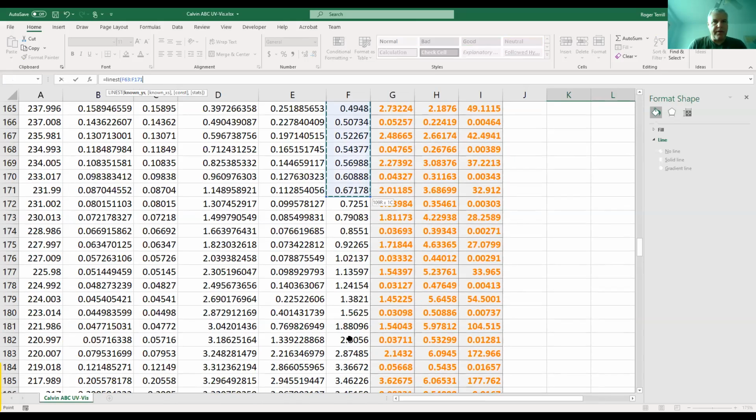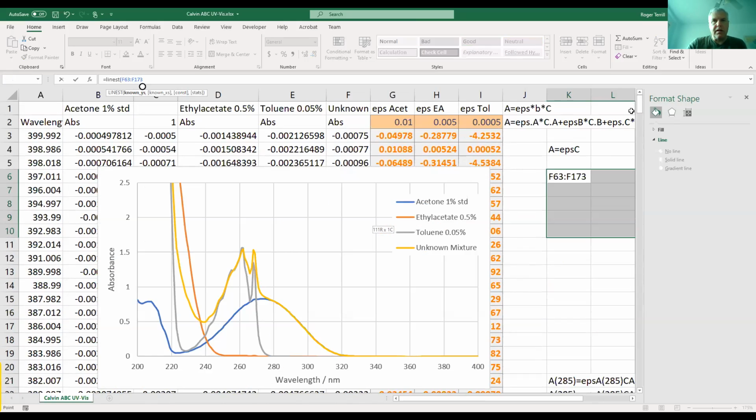There we go. So there are the Y values, from row 63 to 117. Now I'm going to put in the X values.